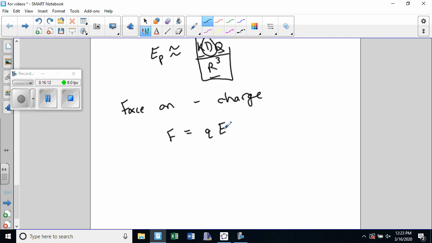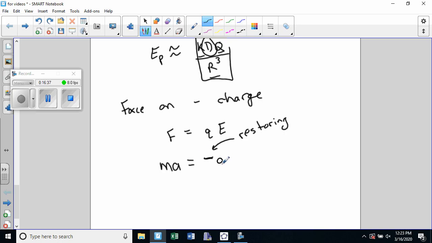Well, the electric field is going to be pointing in the opposite direction that a negative charge is going to move, right? So I'm going to say force, ma, is equal to, and I'm going to put a minus here to recognize that this is going to be a restoring force.